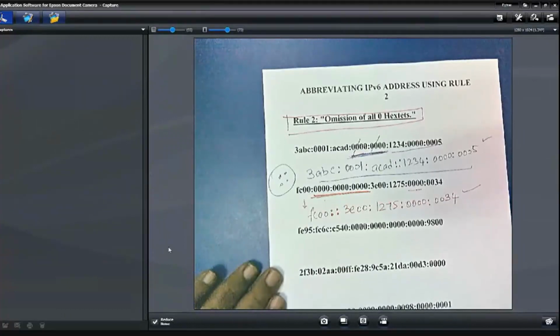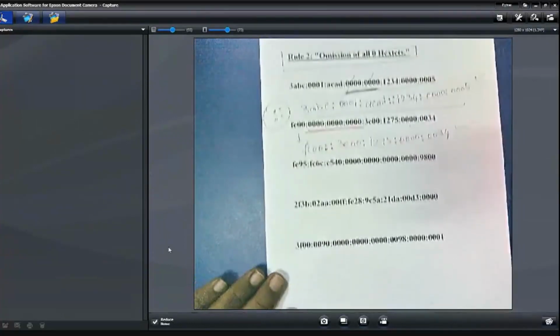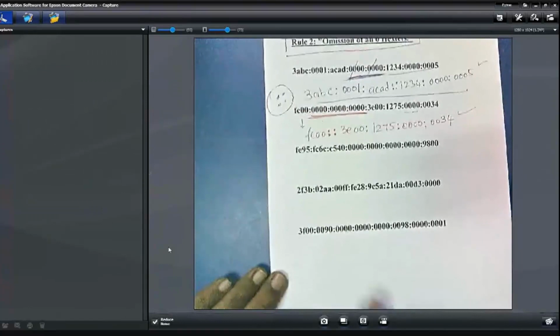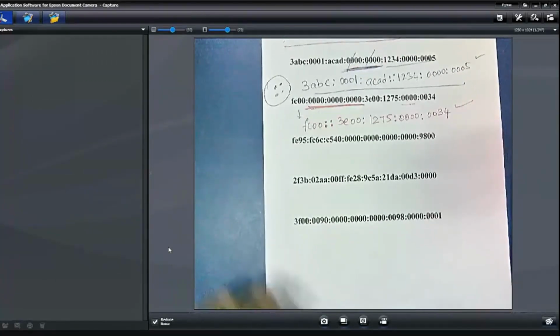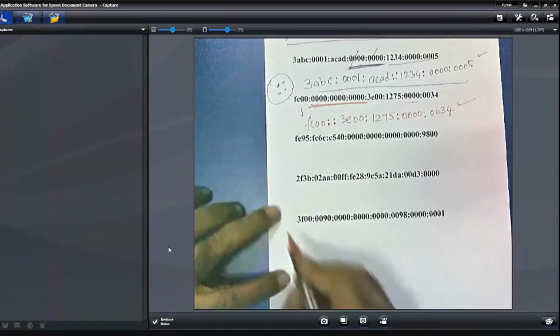Okay, now I'm going for the last one. Can you answer this? Apply rule number 2. Last one, this.